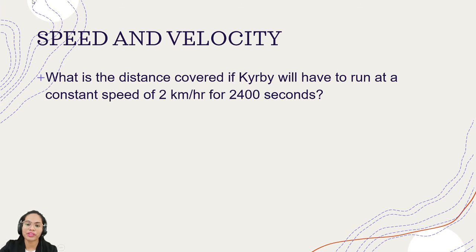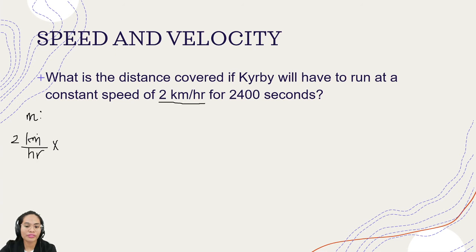But we're going to use meter as the unit of distance. So let's try to find the distance in meters. Ang gagawin natin dito, i-convert natin. So we have here 2 kilometers per hour times.